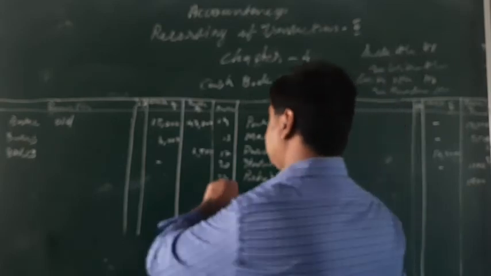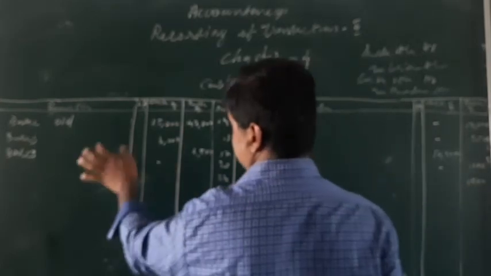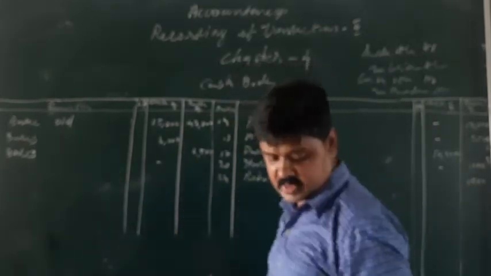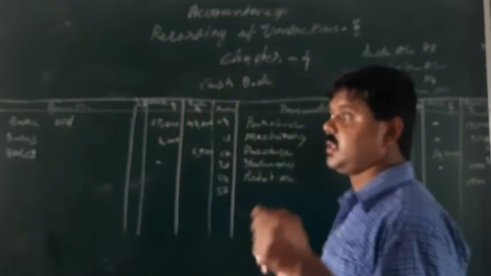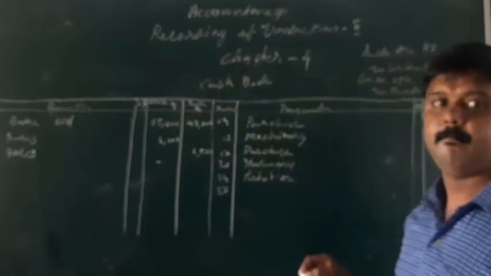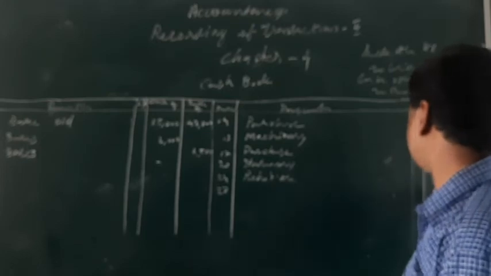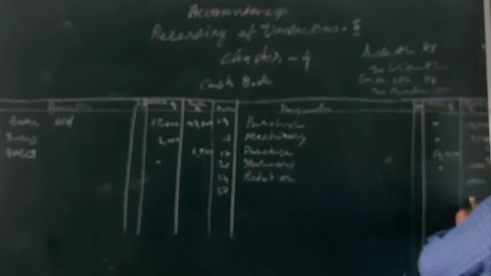That means this entry has an effect here and here. So we can see how it is. On 27, withdrawn cash from bank 10,000. From the bank, money is reduced.